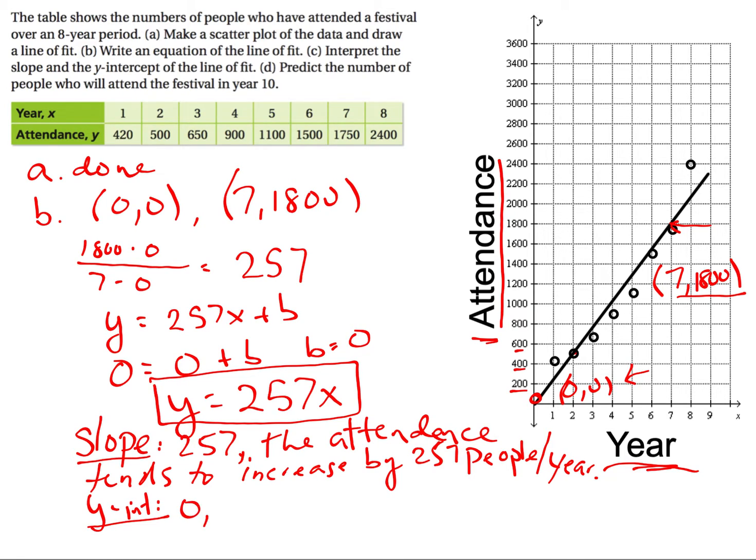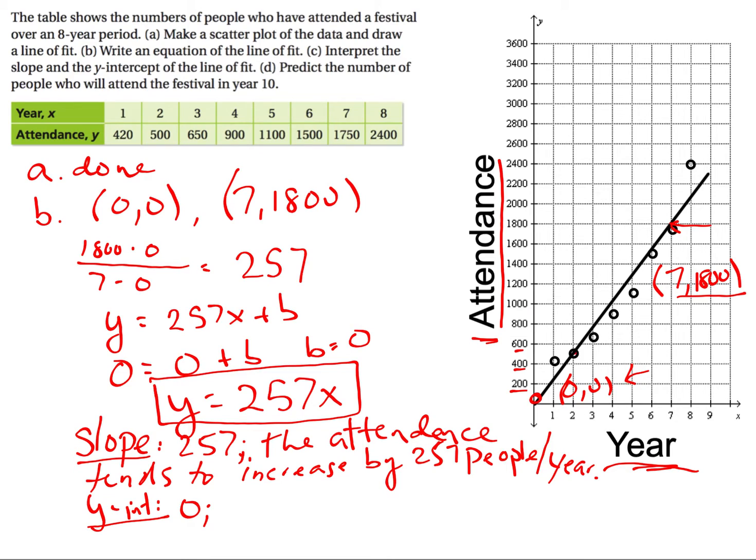The y-intercept here is 0. And what it would mean, in year 0 there were 0 people, which I guess kind of makes sense, but I want you to think for a moment. There was no festival in year 0. It didn't start until year 1. That was the first festival, and then year 2 was the second festival. So this y-intercept, yes, it is true that in year 0 there were 0 people attending, but talking about the 0th year of a festival actually doesn't have real-world meaning.